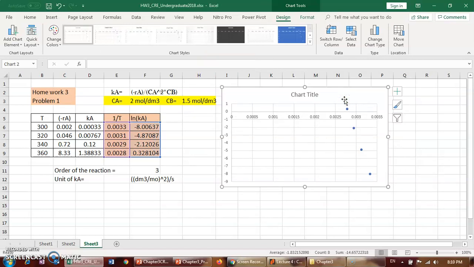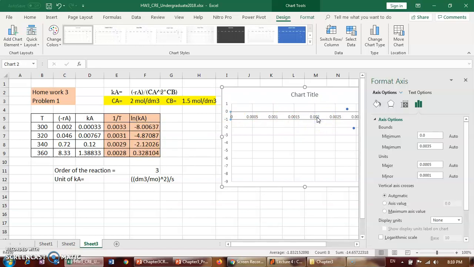We can change the position of the x and y axis because it is really shifted right from the 0 values, so both things we can change. You can see the axis values in the format axis option. We check that the axis value crosses at 0.0025, fine, fantastic.